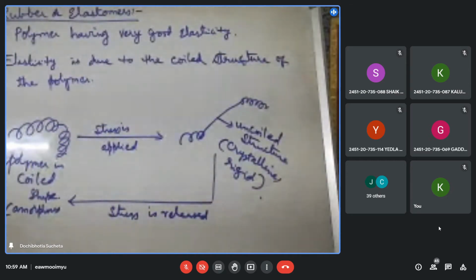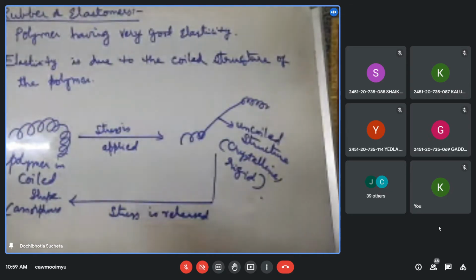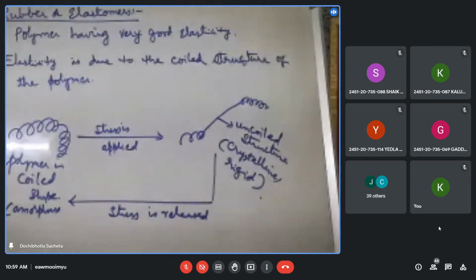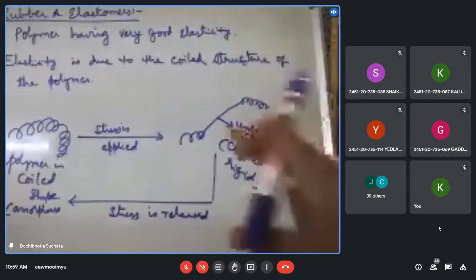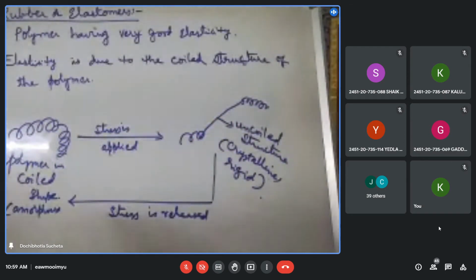Why the amorphous nature of these rubbers? Because of their coiled shape. That means when you are doing polymerization, the end product can be a long thin fiber, or a little rigid material like plastic, or a highly amorphous material like a rubber. It depends upon the starting compounds and the type of polymerization you are taking up.